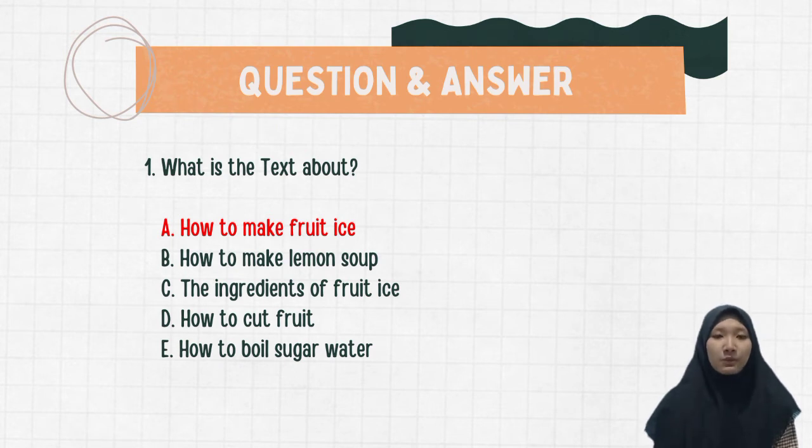D is also the wrong option because the text doesn't tell us about how to cut fruit. And E is also the wrong option because the text doesn't tell us about how to boil sugar water. So the right option is A, how to make fruit ice.